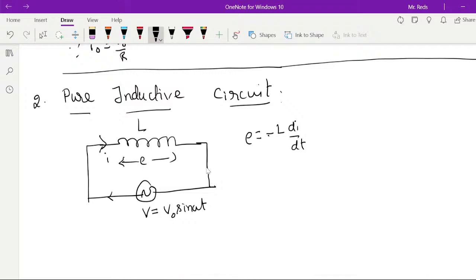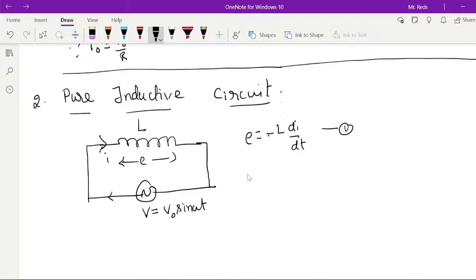This we have studied in the previous chapter. You have to remember this, guys. Let's say this is one. And according to Kirchhoff's law, the algebraic sum of the potential drops across all elements in a closed loop is equal to 0. In this case, V plus small e equal to 0, or V equal to small e, and this small e is nothing but minus L di by dt.